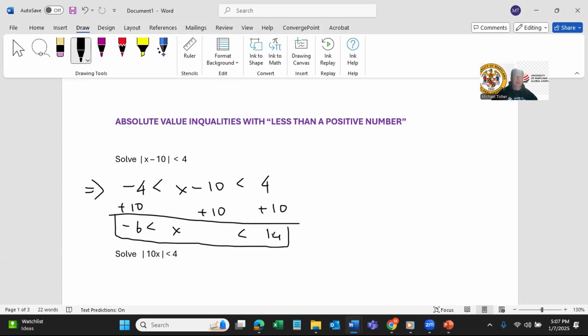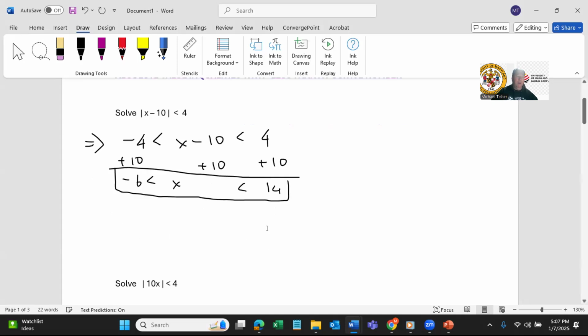So that is all the numbers between negative 6 exclusive and 14 exclusive. To write that in interval notation, we'll put a parenthesis because we have a less than. So then we'll have a negative 6. The parenthesis means we do not include the negative 6, and that's because negative 6 is not less than negative 6.